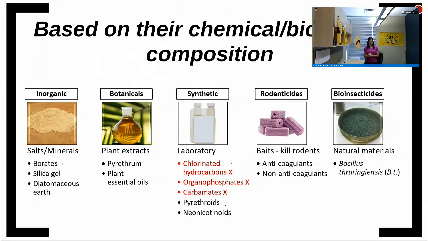Now, inorganic. Inorganic are the salts and minerals. Examples of pesticides that we use here in Truly Nolen: borates. The borates are products that require ingestion. The pest needs to eat them so they can have an effect. Now, silica gel and diatomaceous earth, these two will act on the exoskeleton of the pest. They don't have to ingest, they act by contact.